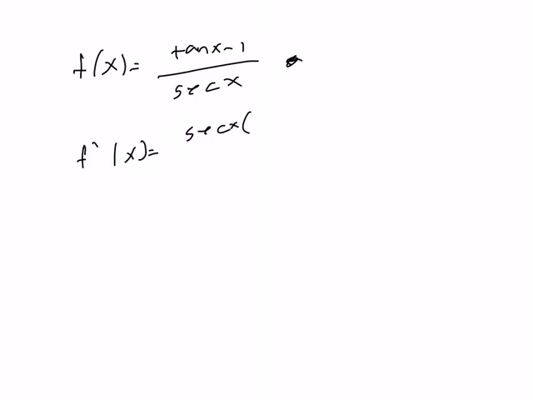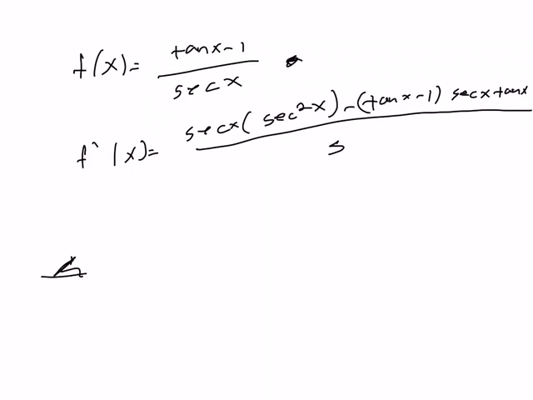times secant squared x, right? Yeah, minus (tan x minus 1) times, what's the derivative of secant x? It's secant x tan x, and all this over secant x squared.